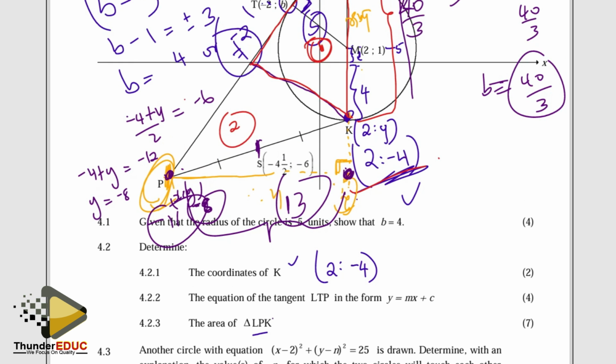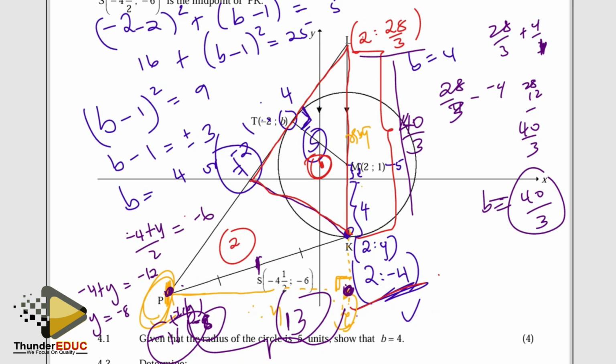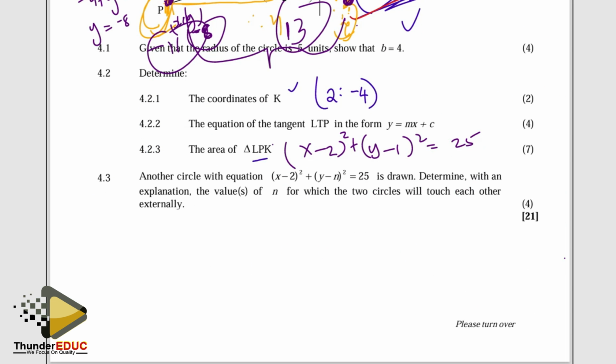And now, with the information that we have, our center is 2 and 1. So this is the same as x minus 2, y minus 1 squared is also 25. This I don't know, but that is positive as well. We want the values of n.